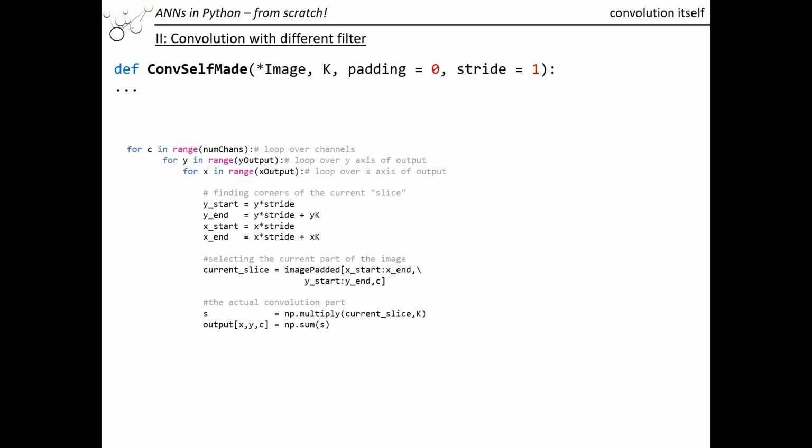So I want to show this graphically so that everyone understands how that works. So we work in the coordinates of the output image.